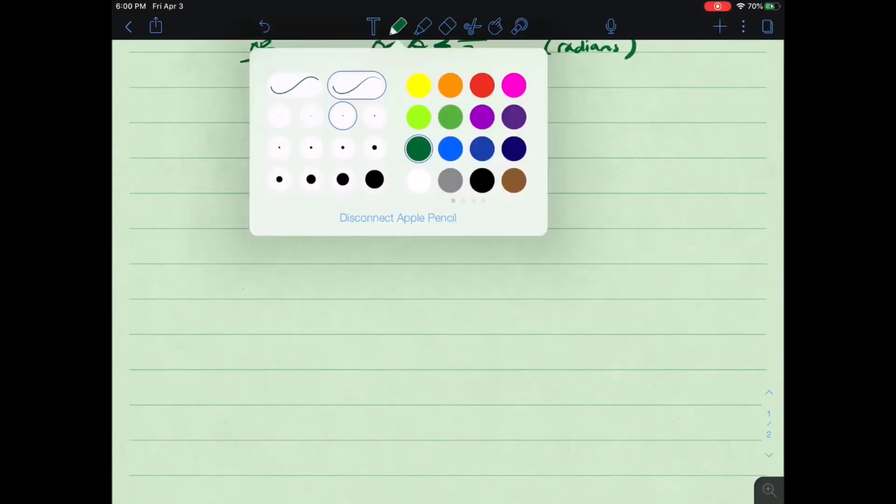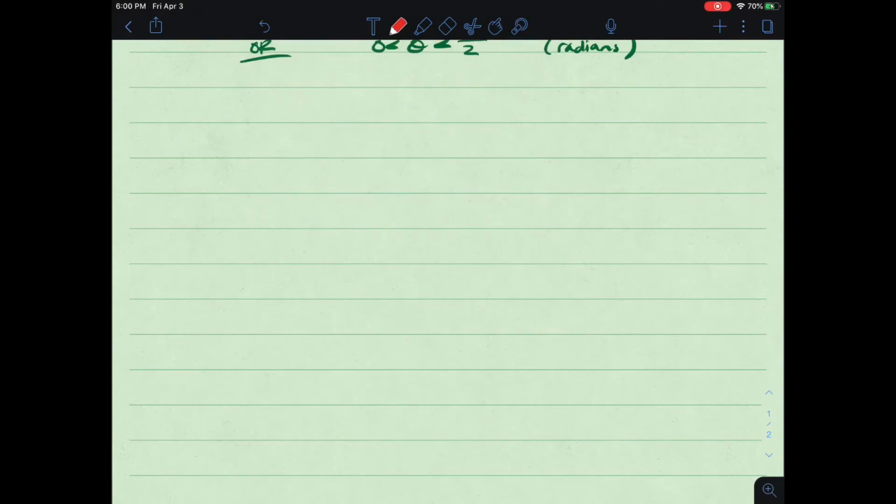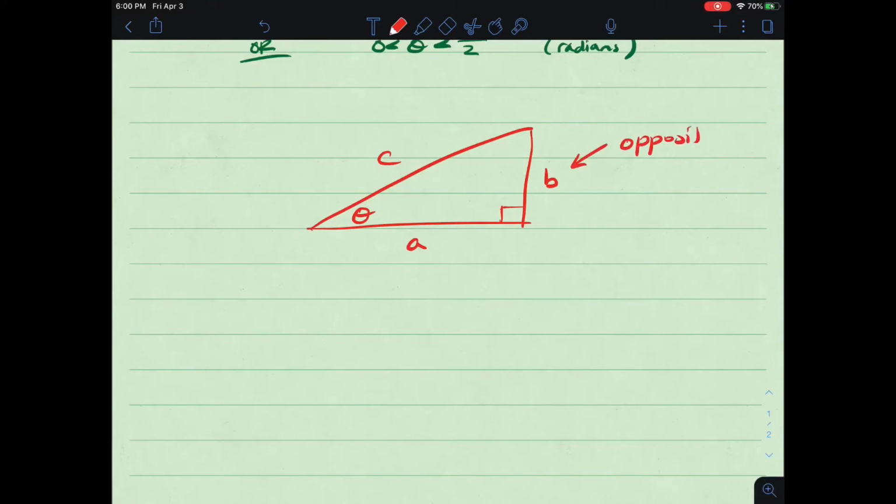Next thing I'm going to do is I'm going to draw another right triangle. I'm going to label the sides A, B, and C. And I'm going to define this acute angle here to be theta. A lot of times when we're referring to the side lengths, I'm going to refer to this side length as opposite theta. Hopefully you can see why, right?